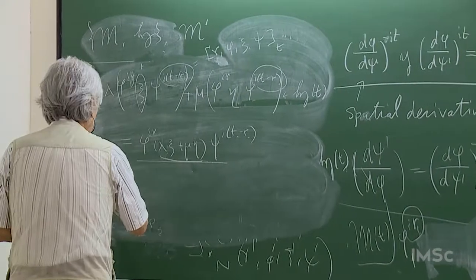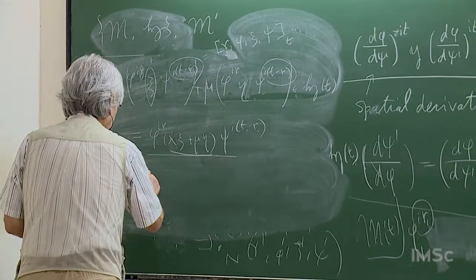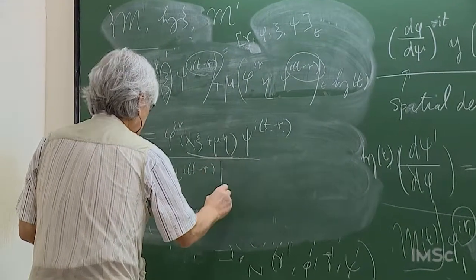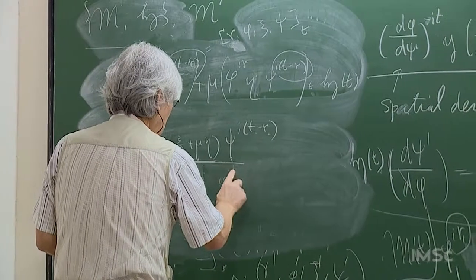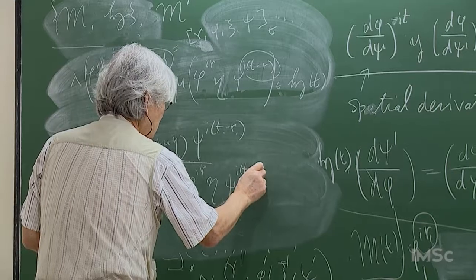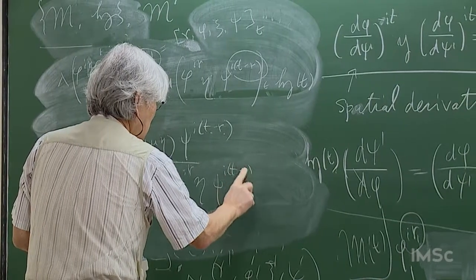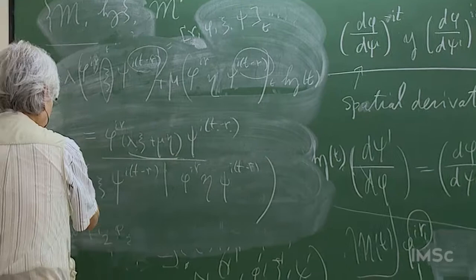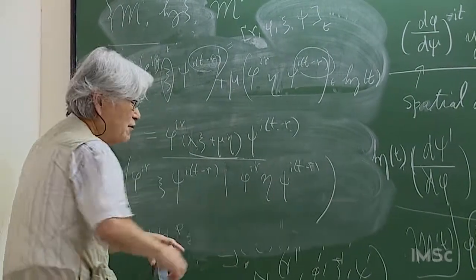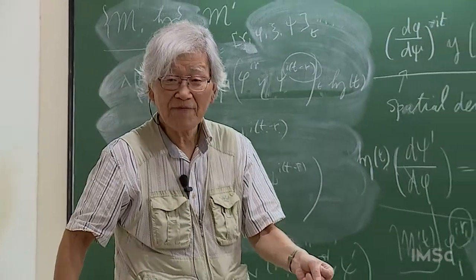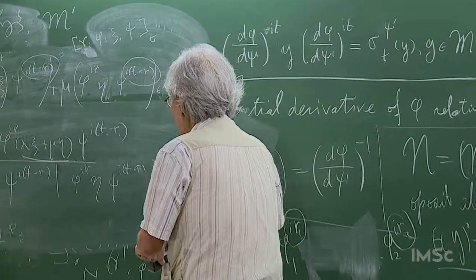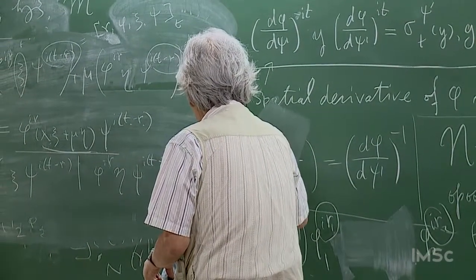That is, phi r, psi of t minus r, inner product phi r eta psi it minus r. Okay, if you change this base phi and psi for each, then the formula becomes very complicated. But if you line them up, it is just psi eta.